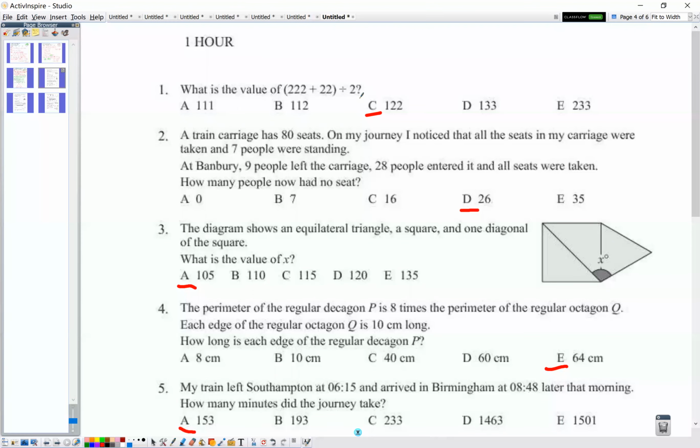Just send me the question number. Questions 3, 4, 5.